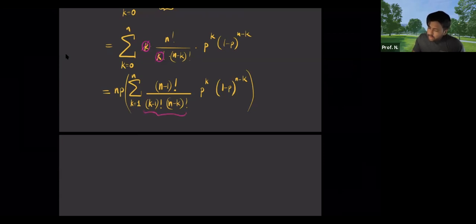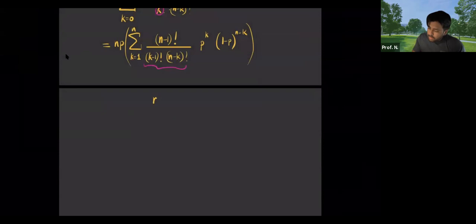This expression here is going to be n minus 1 choose k. This is p to the k. And this is 1 minus p to the n minus k.